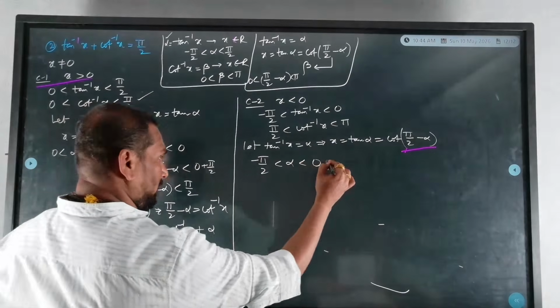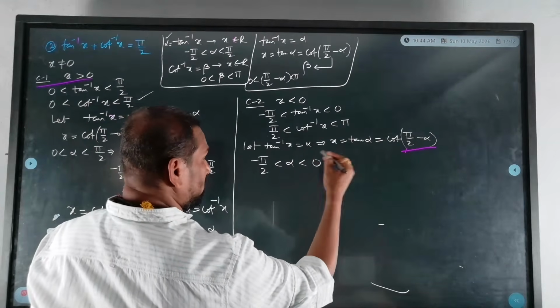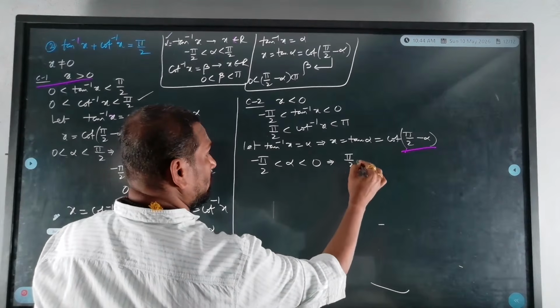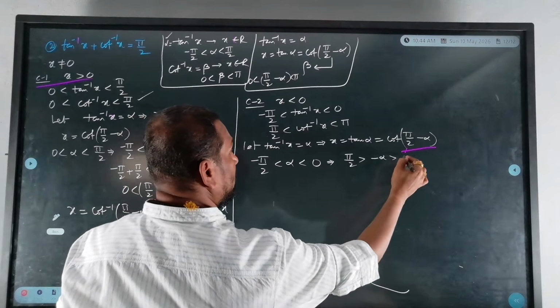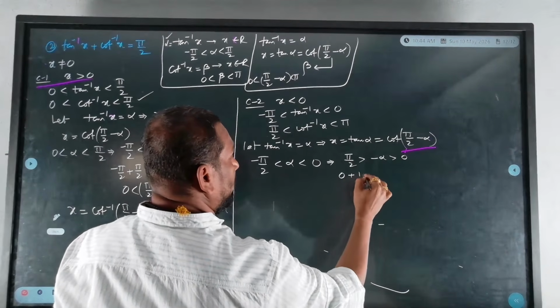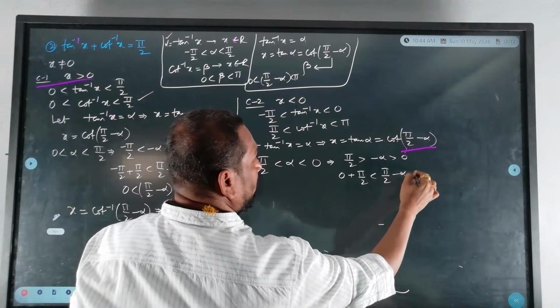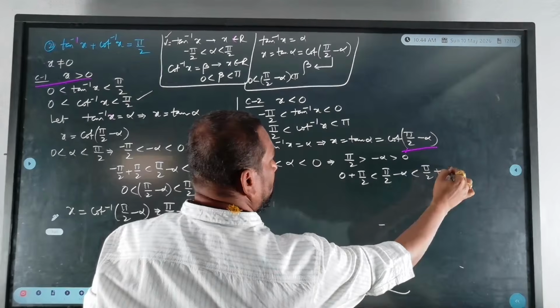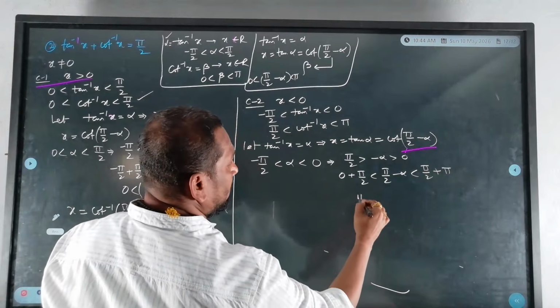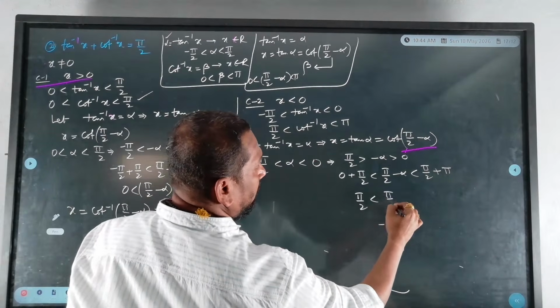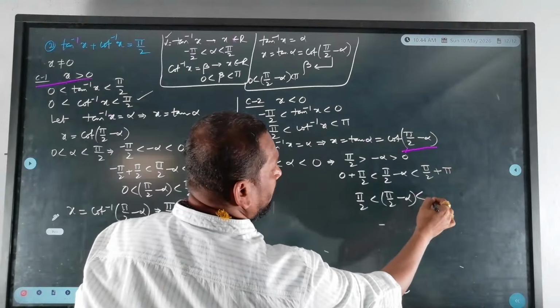Verify. Multiply with the minus: 0 greater than minus alpha greater than... So 0 plus pi/2 less than pi/2 minus alpha less than pi/2 plus pi. So this is pi/2 less than pi/2 minus alpha less than pi.